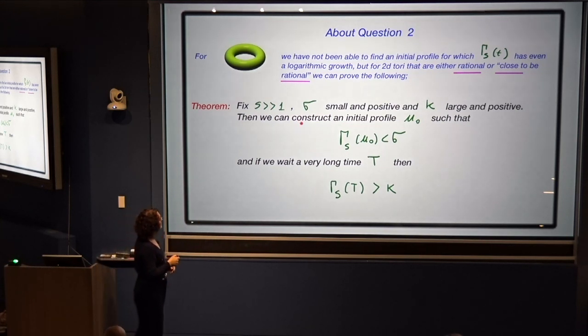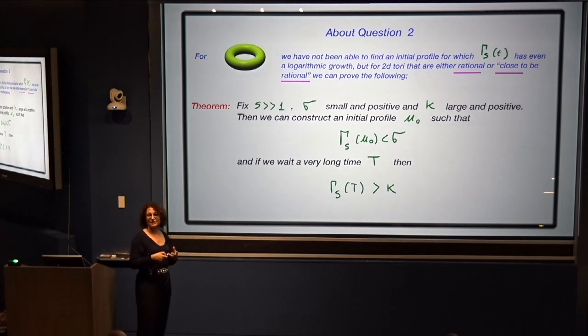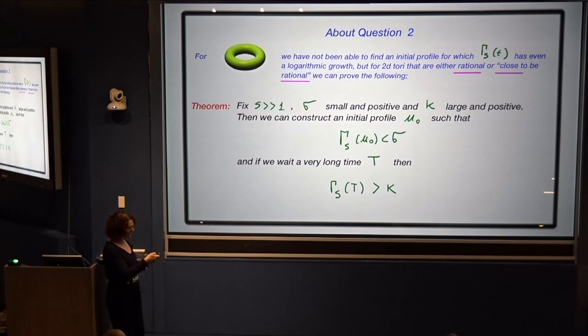Let's fix sigma, which is a small quantity, and let's fix K, which is instead a large quantity. Then I can construct for you an initial data u_0, such that at time 0, this energy density is small. But if I wait long enough, that density becomes big, in fact, bigger than K. That's what we know. This is not enough to say that there is even a logarithmic growth, but that's what we know so far.